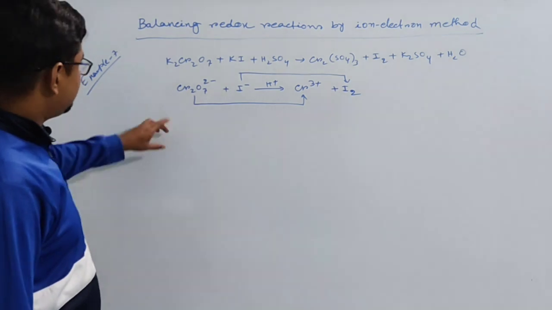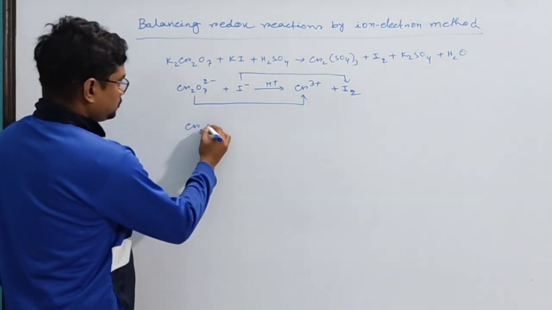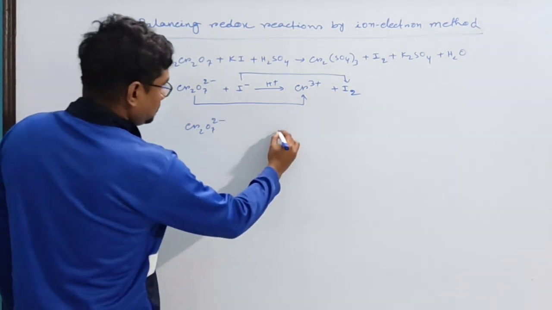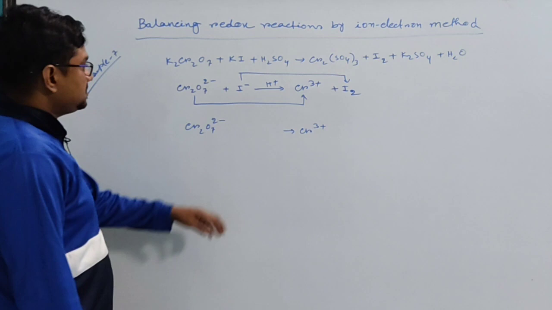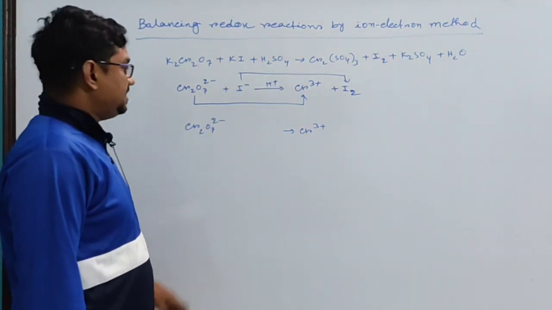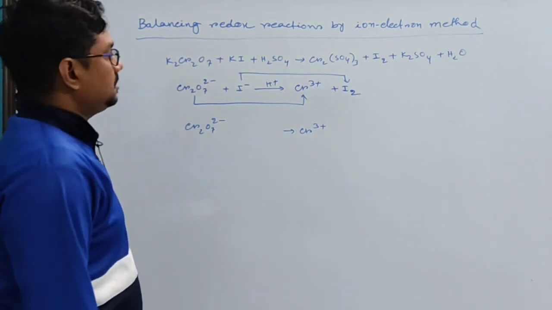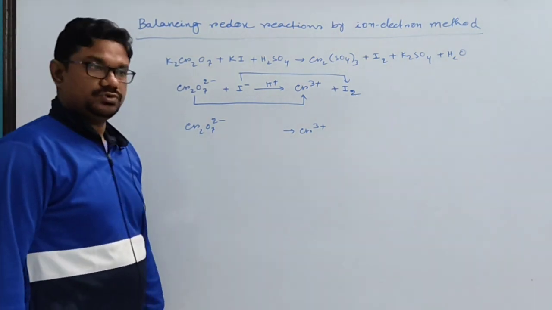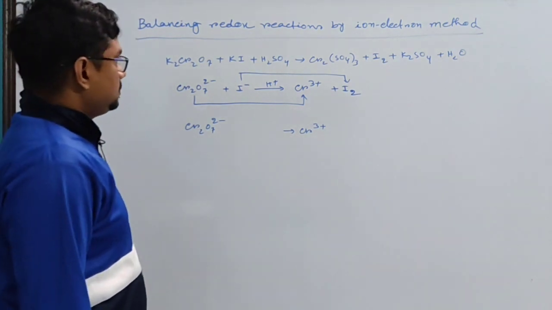Okay, so first balance this one, that means Cr2O7 2 minus going to Cr3 plus. The reaction is in acidic medium, so we will use only H plus and water for balancing the half reactions, and we cannot use OH minus ion in this balancing.